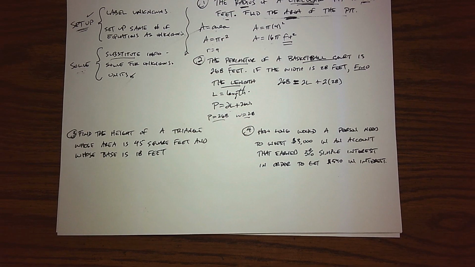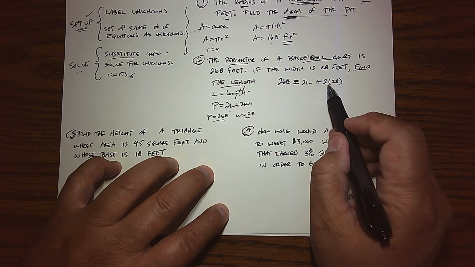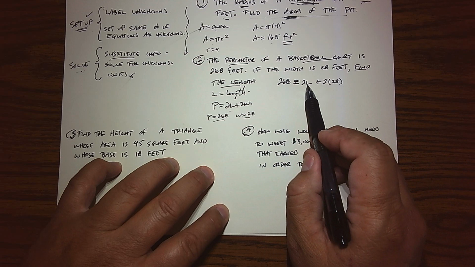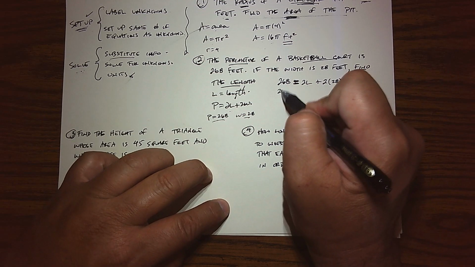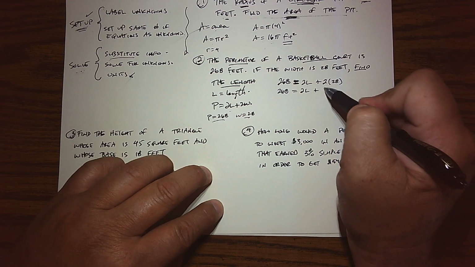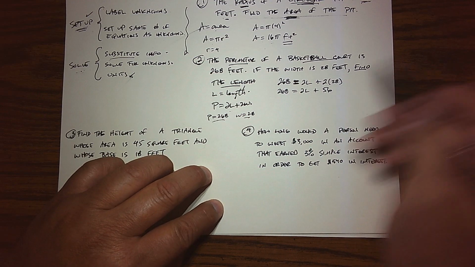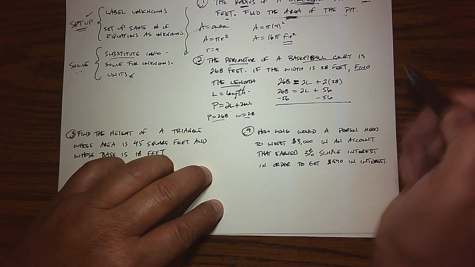And now that we've made that substitution, we're back to something very similar to 2.1 and 2.2, where we just solve for the remaining variable, L. So we're going to do that. I'll start by simplifying. 28 times 2, I believe, is 56. To solve for L, my next move would probably be to subtract 56 from both sides.